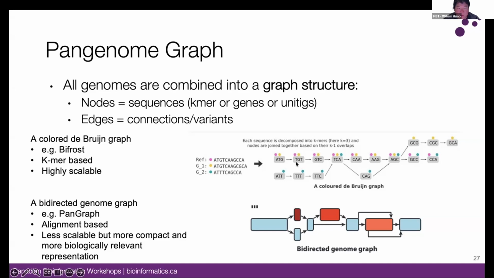And as you can see here, the different paths in the graph represent the different strains or different sequences, right? And you can also see that as you add new strains, the information can be overlaid on the same graph. So it's fairly memory efficient, highly scalable, right?